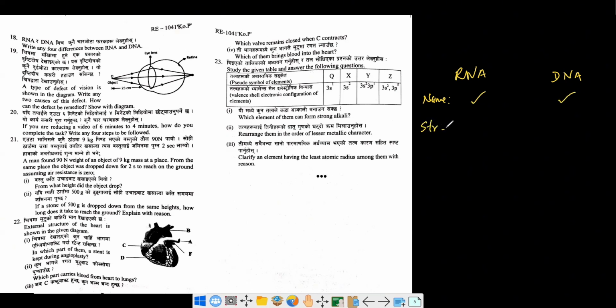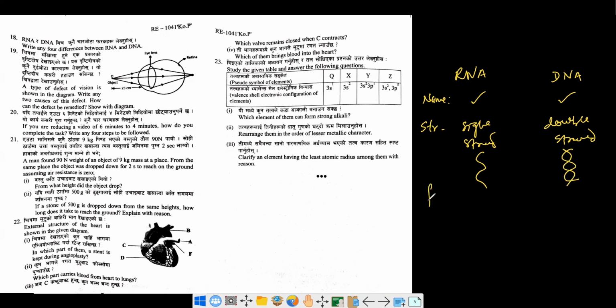Talking about structure, this is a single strand like this one, and this is a double strand. The double strand has a bihelical structure, so this kind of structure it will have.